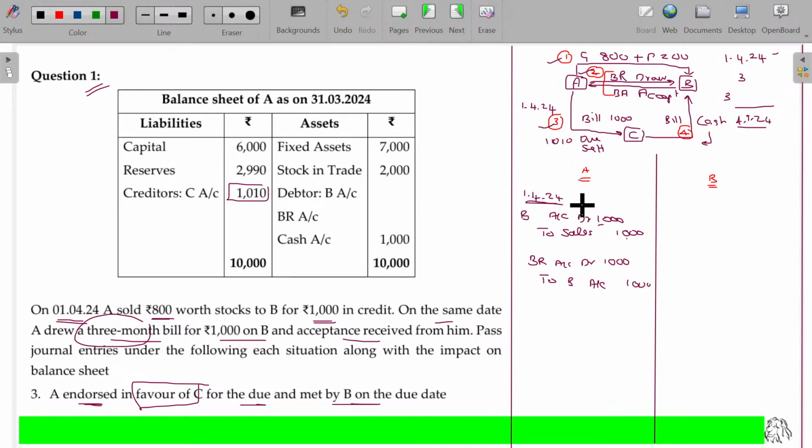Third entry. The bill got endorsed. Endorsed is nothing but the bill is handed over to C for the due to be payable. The amount of due payable to C being 1010. So the settlement is done by offering the BR to him. So C account debit, the value of C being 1010.